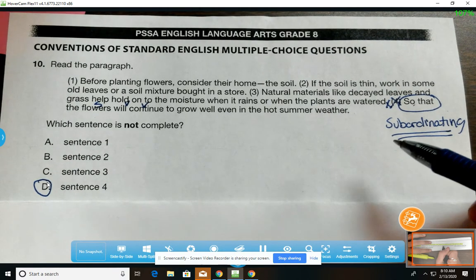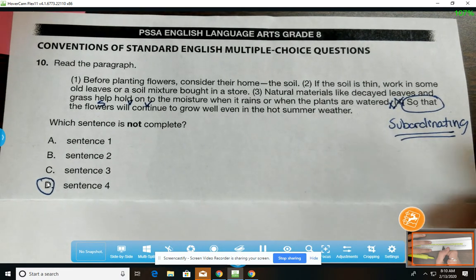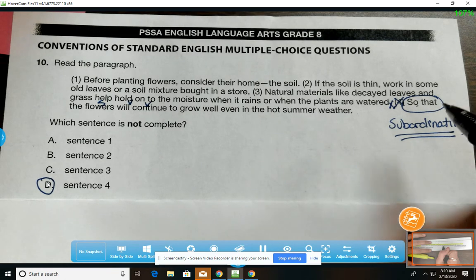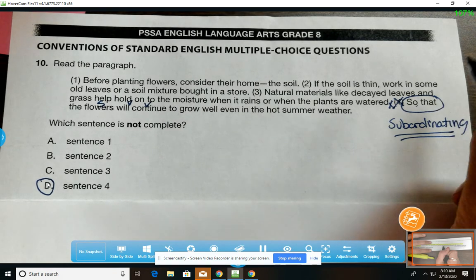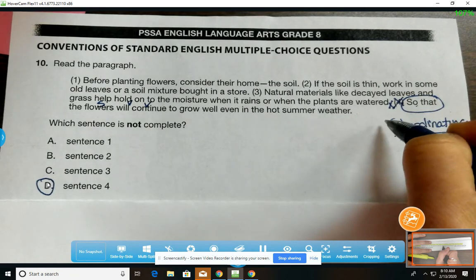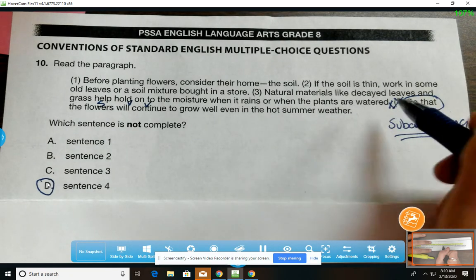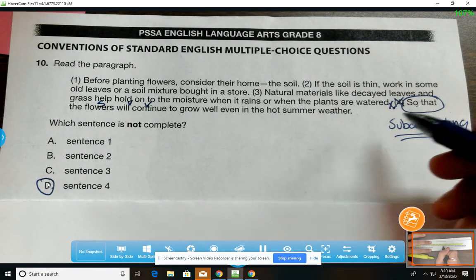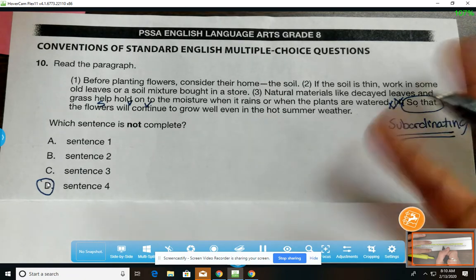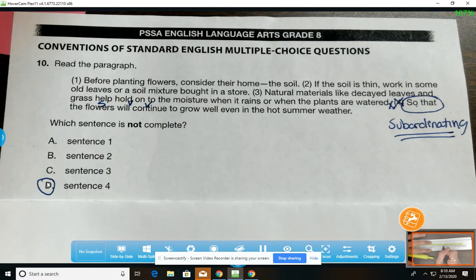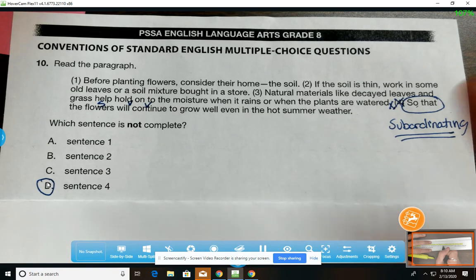Depending on the subordinate clause, if it's an essential subordinate clause, in other words, needed for the meaning of the sentence, then we wouldn't need the comma. If it's non-essential, like extra information, then we need a comma to introduce the subordinate clause. But that's a completely different rule. We're just looking at this as a fragment.